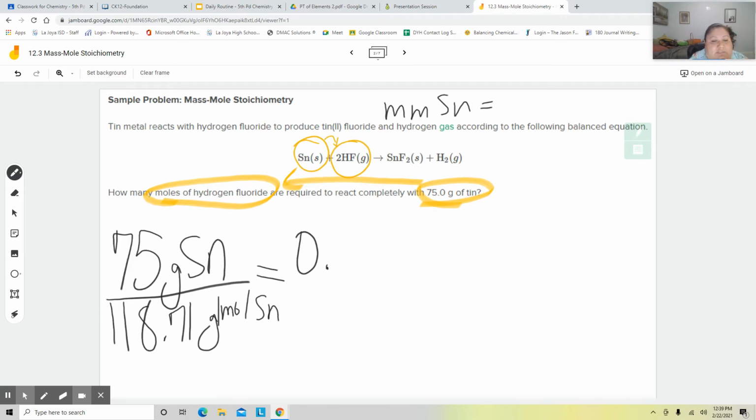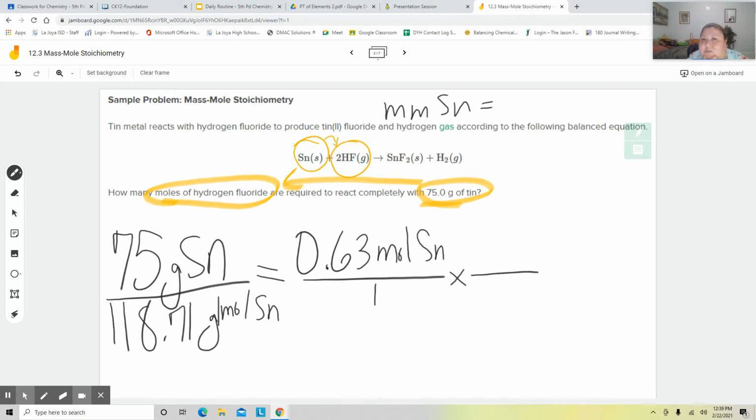You tell me what the answer is for this first part. 75 divided by 118.71. What do you think, guys? Yes, that's the number I got. 0.63. And now we have changed grams to moles of tin.